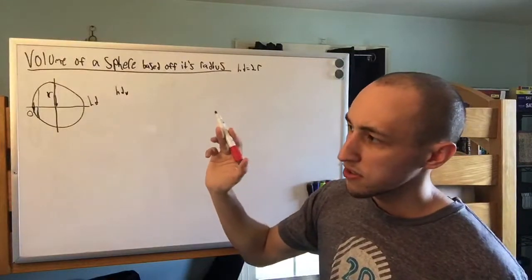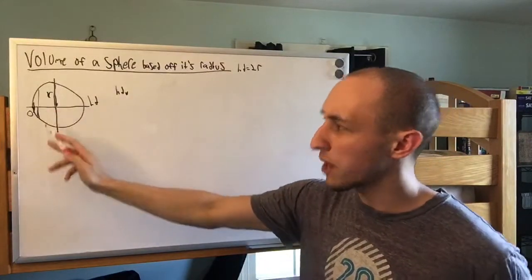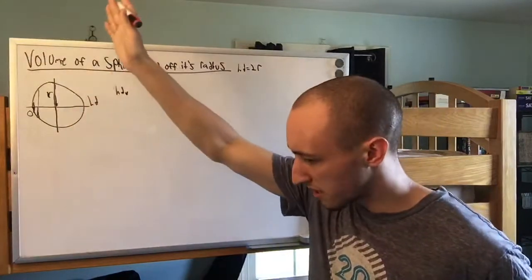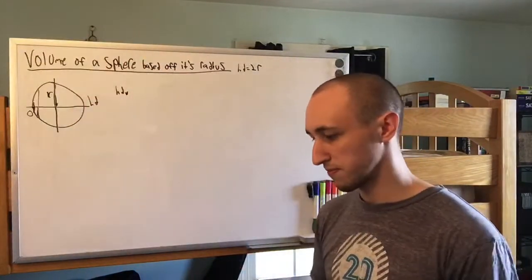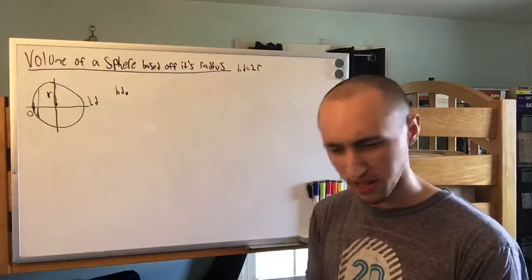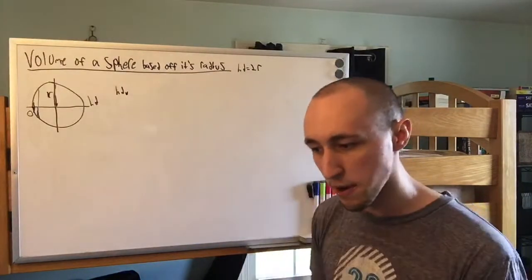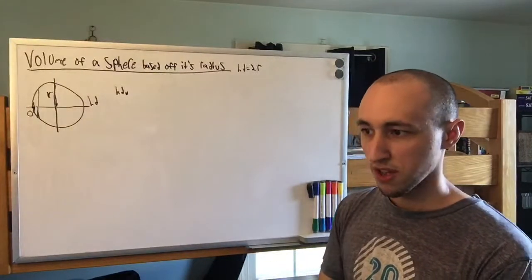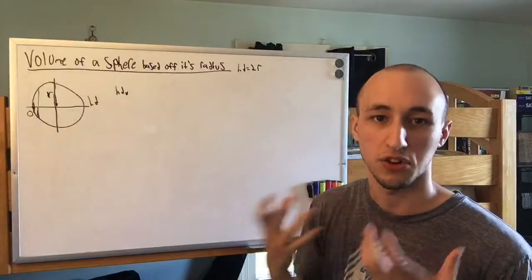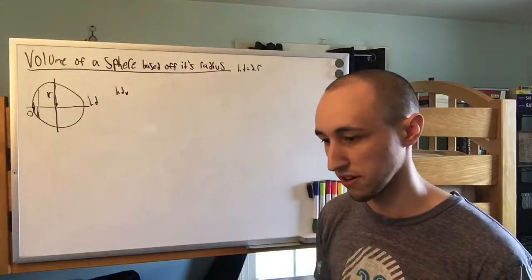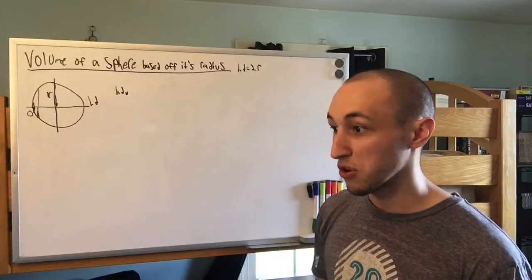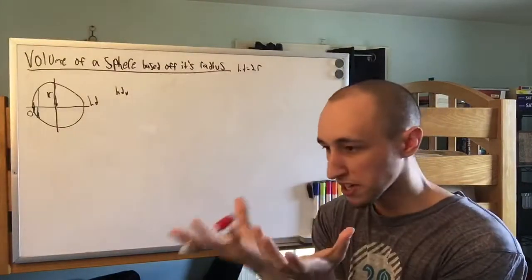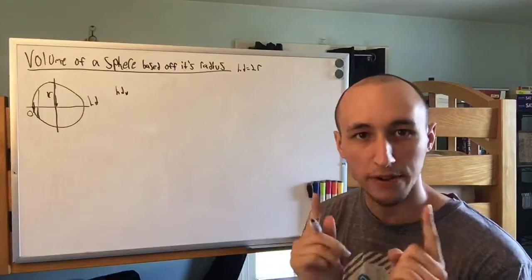And so if we can know the radius of the circle of a cross section of the sphere, which is a circle, if we can figure out that radius, we can figure out the area of that circle, the cross-sectional area, I like to call it. I like to call that the cross-sectional area, okay? And so we're going to create a formula that can give us this precious cross-sectional area.